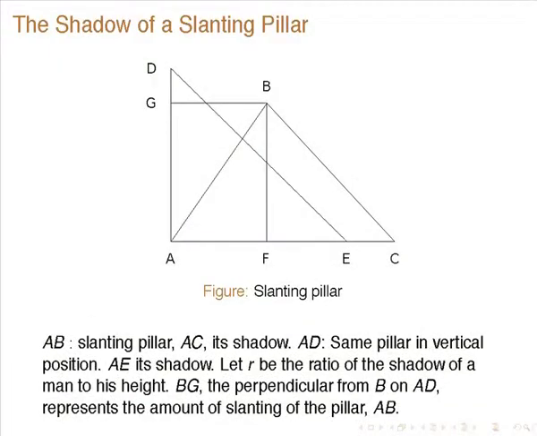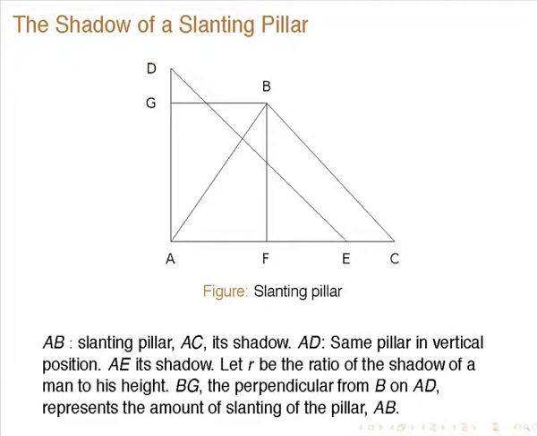Then one of the last problems which he discusses in the shadow is a slanting pillar. Here AB is a slanting pillar and AC is its shadow. Suppose AD is the same pillar in vertical position.